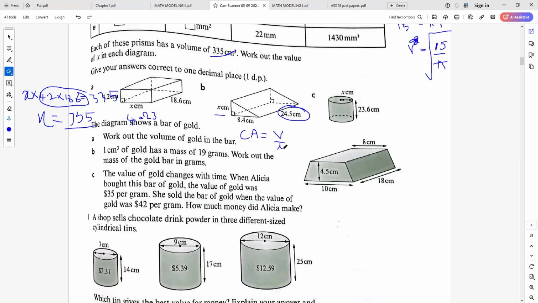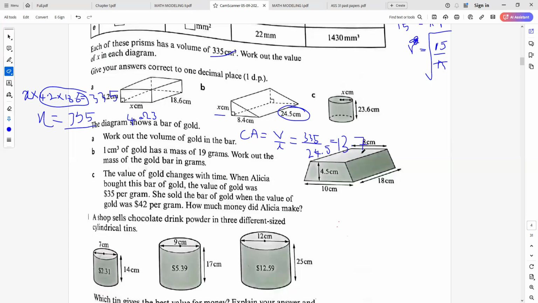Volume is 335 divided by L, which is 24.5. 335 divided by 24.5 is equal to 13.67. Then we can put 13.7.